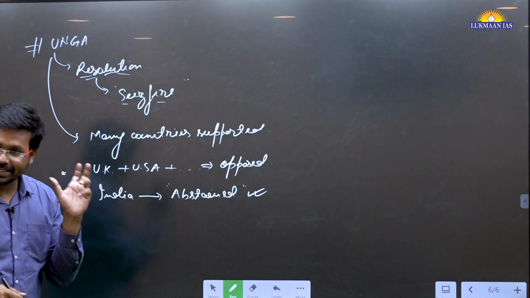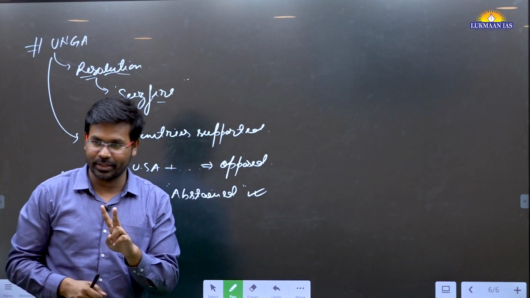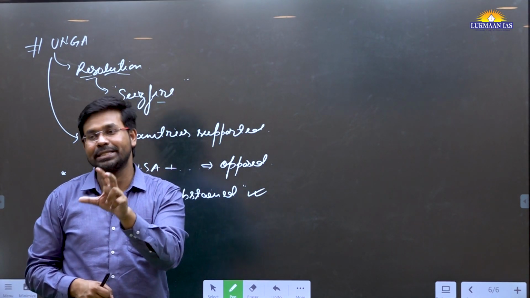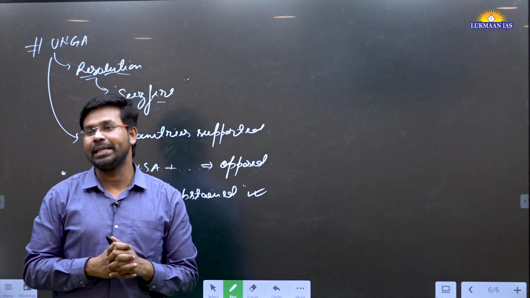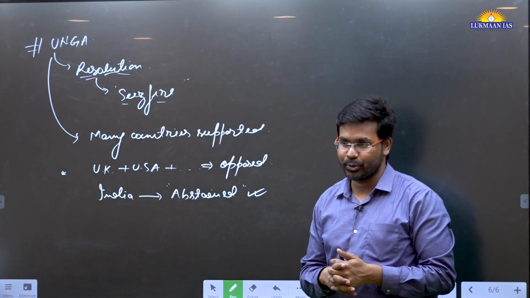So what is India's stand? India recognizes a two-state solution. India wants a state of Palestine which coexists peacefully with Israel. India thinks of a diplomatic solution for these people, not military solutions.